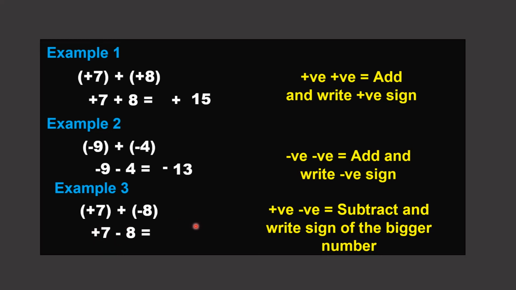We will be subtracting and writing the sign of the bigger number. Subtract 8 and 7, you will get 1. Then write the sign of the bigger number. The bigger number here is 8, isn't it? And 8 is having what sign? Minus sign. So our answer will have a minus. So plus 7 and minus 8 will give you minus 1.